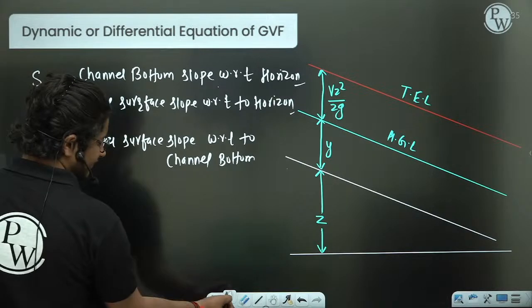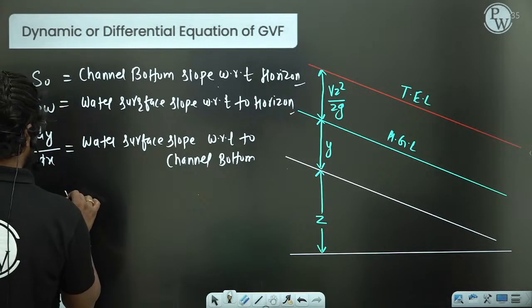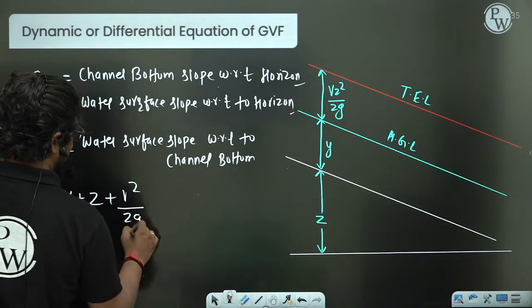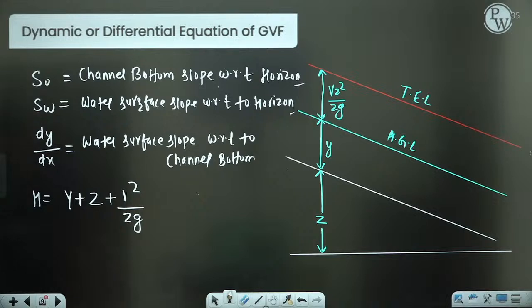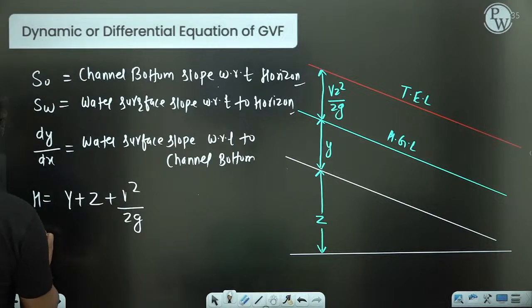Now, if you look, total head I can write like this: H is equal to y plus z plus v squared upon 2g. I don't think anybody will have any problem. Y plus z plus v squared upon 2g. Now let us differentiate with respect to x.